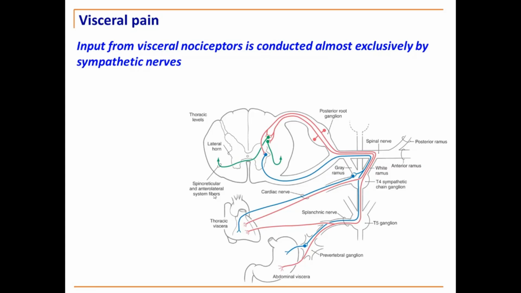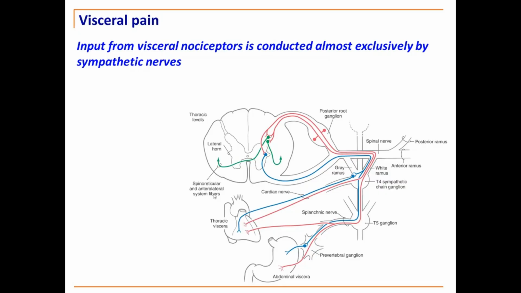Information resulting from physiological receptors, so that's your innocuous inputs, is conveyed primarily by fibers contained in the parasympathetic. In contrast, input from nociceptors, which are not innocuous because it's nasty, is conducted almost exclusively by the sympathetic nerve. So you can see how they have different roles. Parasympathetic carries the normal functions, like: have we got a bit of stretch going on, that's normal, etc. Whereas the sympathetic is saying, are we carrying some pain?